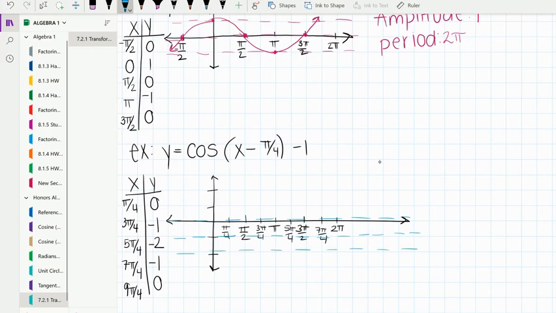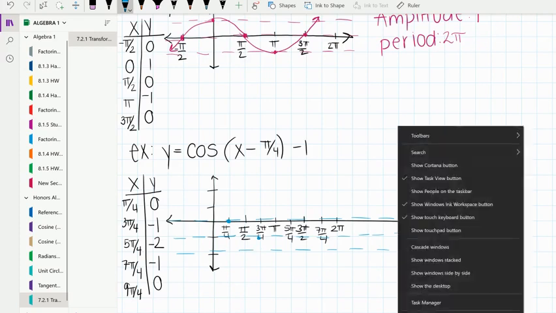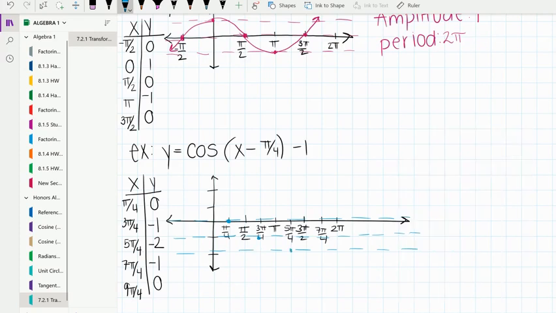All right, so we have pi over 4, 0, 3 pi over 4, -1, 5 pi over 4, -2, 7 pi over 4 here, and then I should add a 9 pi over 4, which would be 0. All right, so it's going to look something like that.